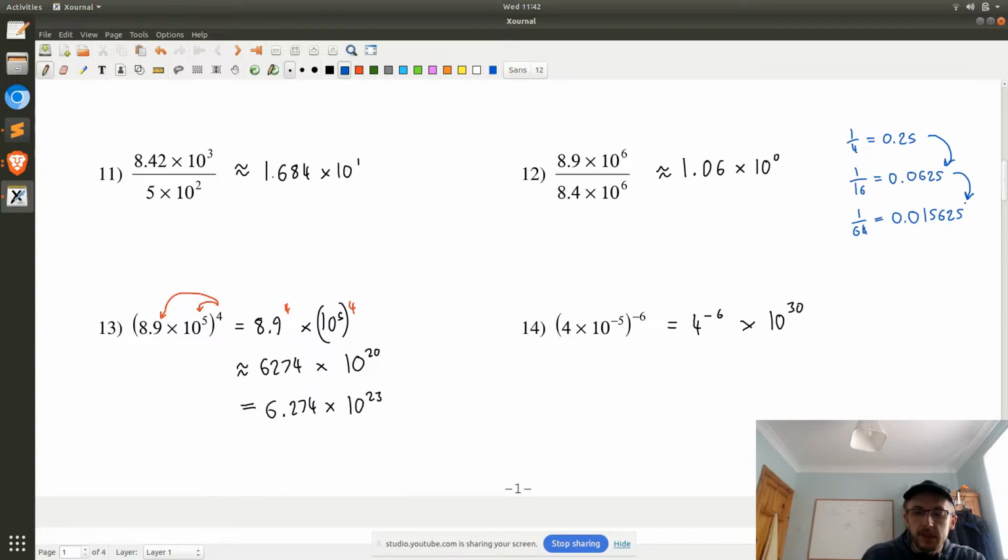So potentially I could get there, actually, if only I knew 5 to the power of 12. 5, 25, 125, 625, 3,125, 15,625, 78,125, 390,625, and I run out.